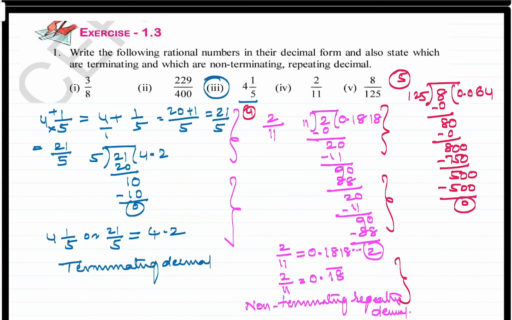Here the division ends, the remainder is 0. Therefore this fraction 8 upon 125 gives a terminating decimal.